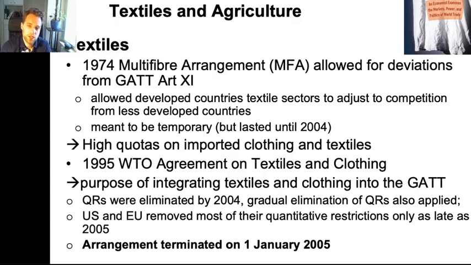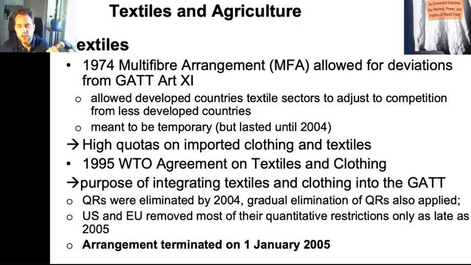And that's why a special agreement was concluded, the multi-fiber agreement, abbreviated as MFA, that allowed for deviations from GATT Article 11. So developed countries could allow their textile sectors to adjust to competition from less developed countries, however only on a temporary basis.